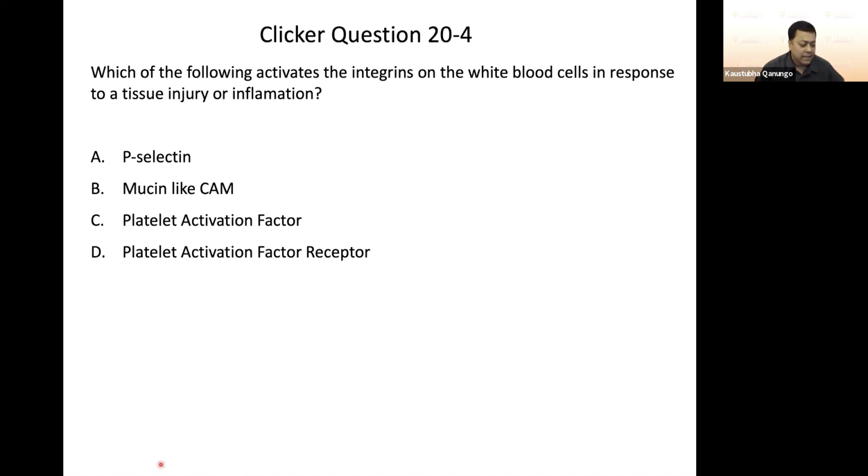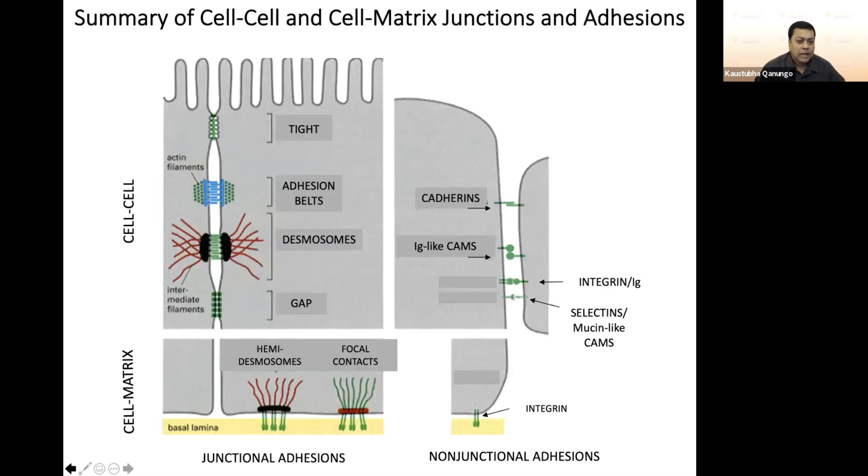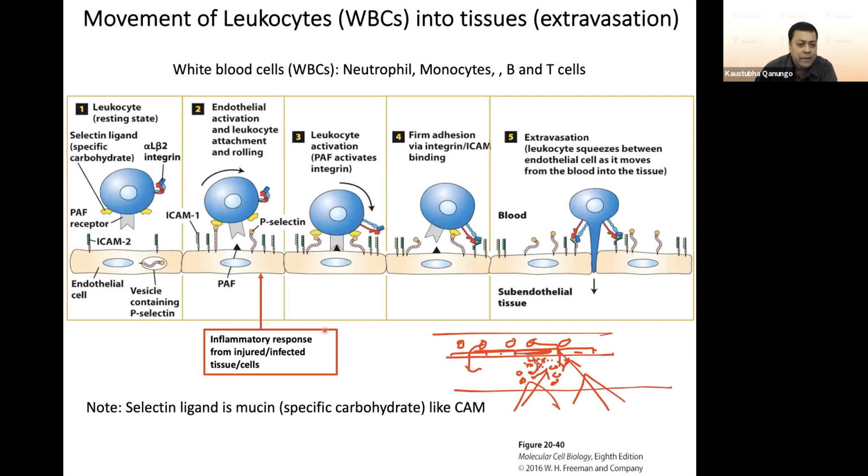All right, so let's take a look here. Once you have the inflammatory response, the endothelial cell is expressing the platelet activation factor. Now the platelet activation factor is bound to the platelet activation factor receptor. So you can always argue that once the platelet activation factor is bound to the receptor, the receptor is responsible for activating the integrin.